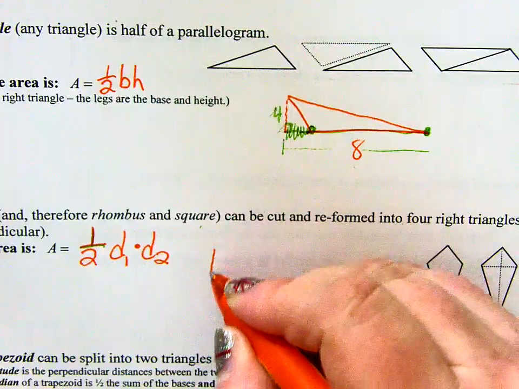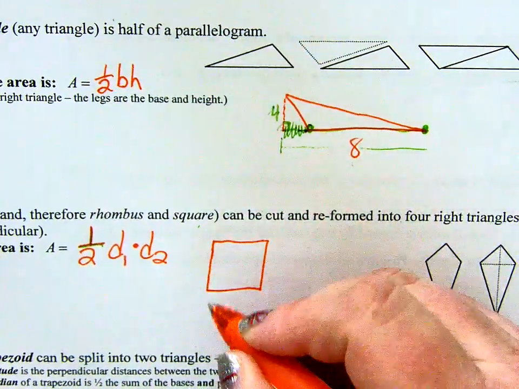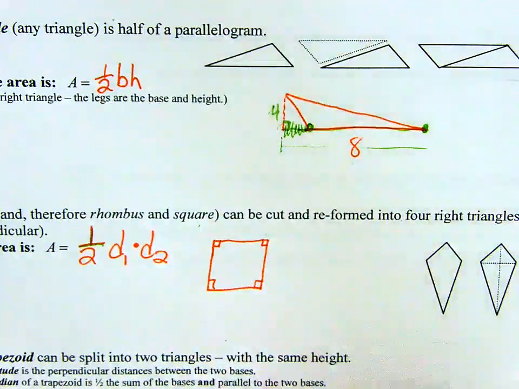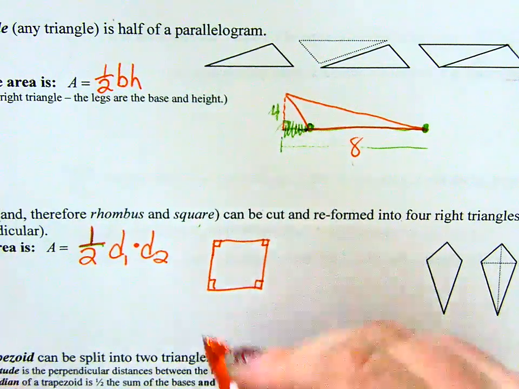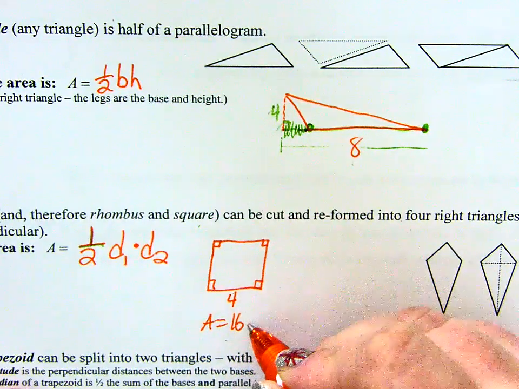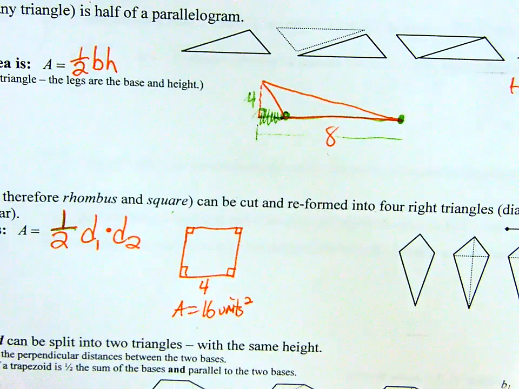Watch. Let's try with a square. So let's say I had a square, and let's just say its side length is 4. So obviously it would have an area of 16, right? So its area is going to be 16 units squared. Okay? So watch.